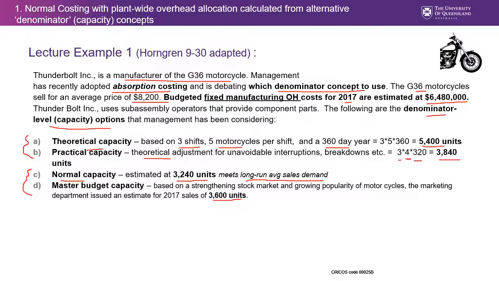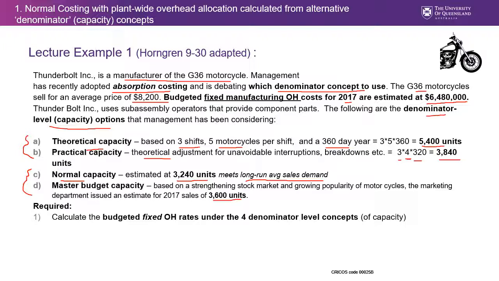So we expect to be able to sell in this period 3,600 units. So you can see each of these capacities has a different number of units as the predicted number of units that we can either produce or we can sell.